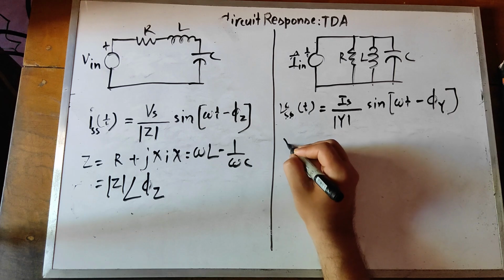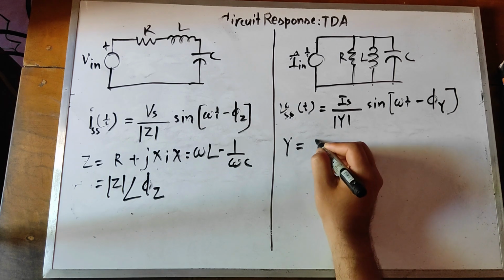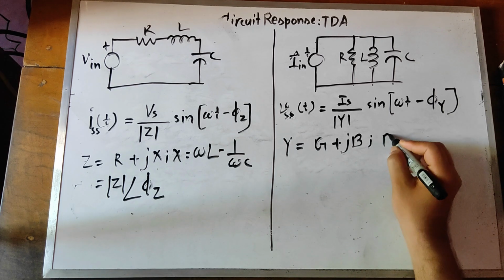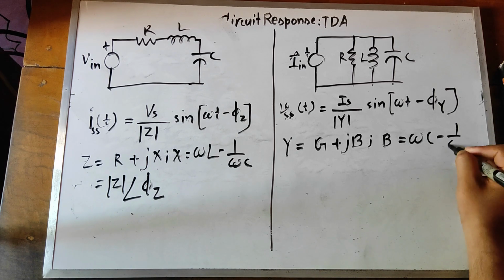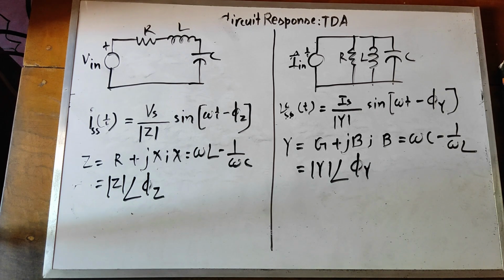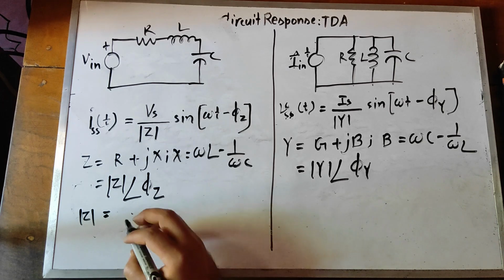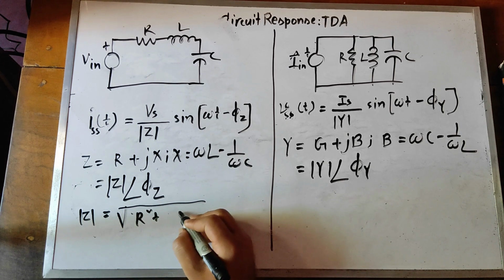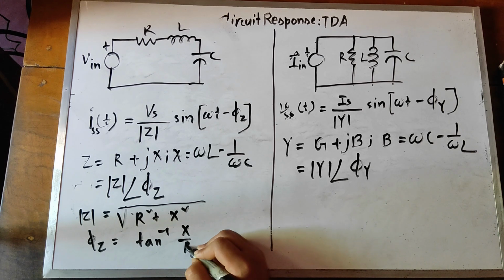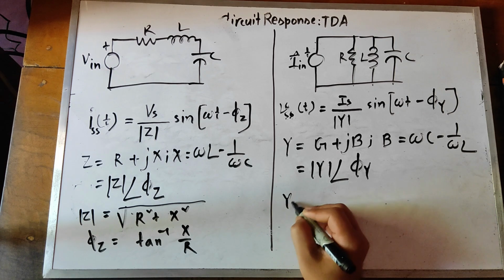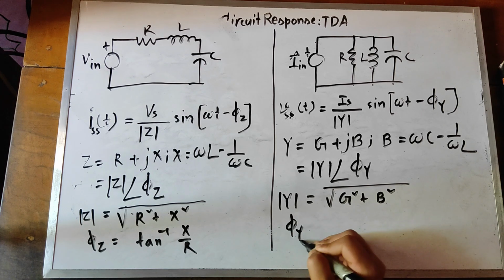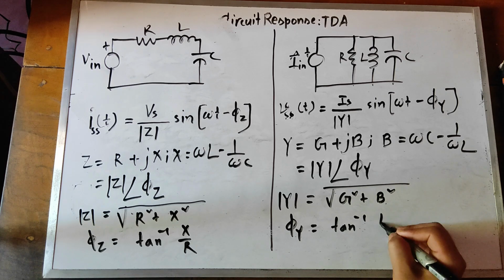And here admittance is G plus jB, conductance plus susceptance, where B is equal to omega C minus 1 by omega L. This can also be written in phasor form as Y. So the magnitude of impedance is square root of R squared plus X squared, and phi Z is tan inverse X by R, and Y is square root of G square plus B square. Phi Y is tan inverse B by G.